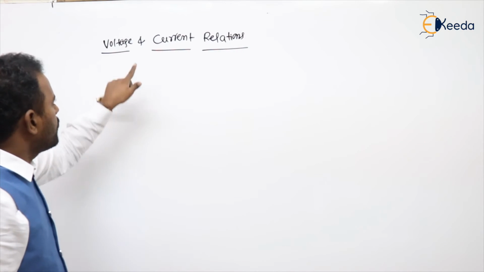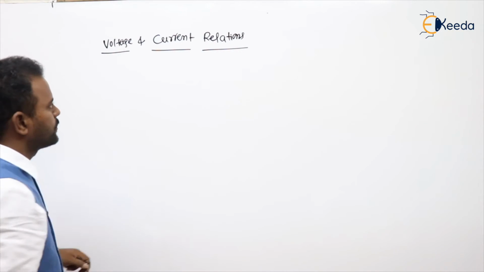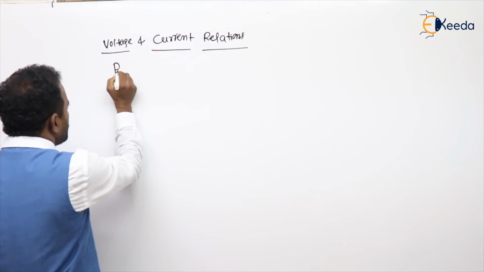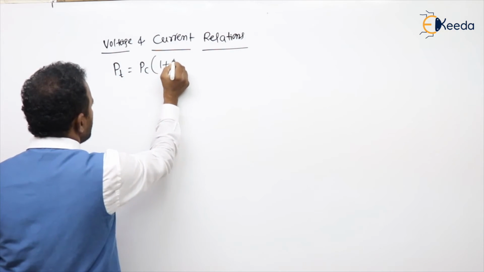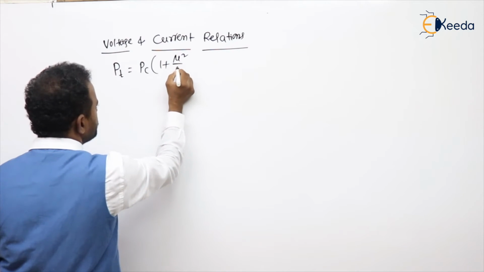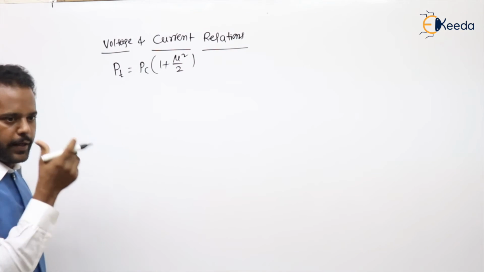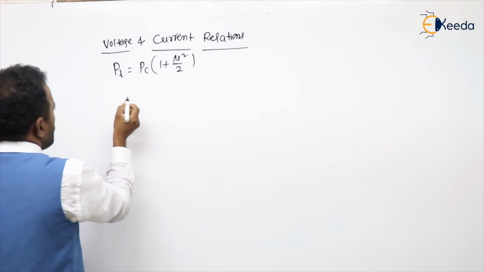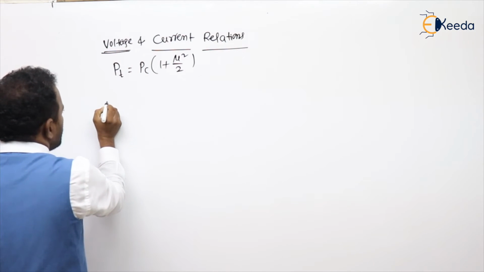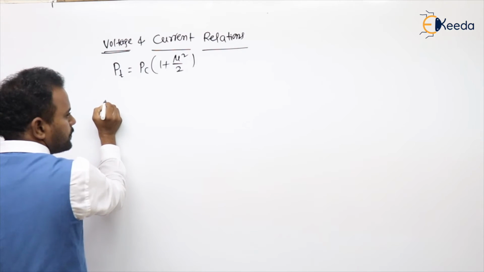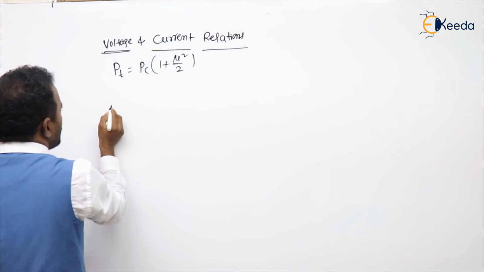Next is voltage and current relations. We have total power PT equal to Pc into 1 plus mu square by 2. Getting my point or not? First I am looking at the voltage relations. What is the relation between power and voltage?